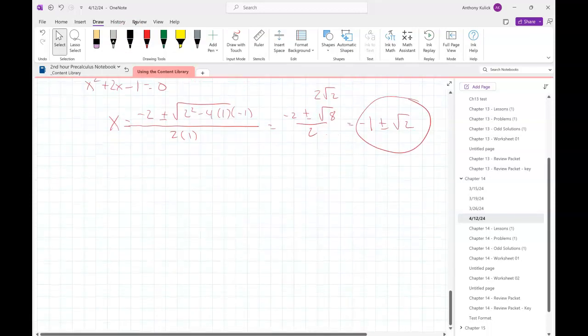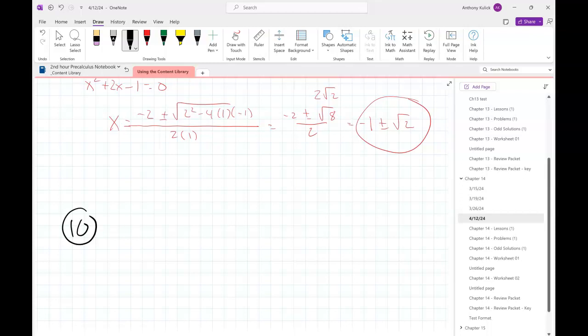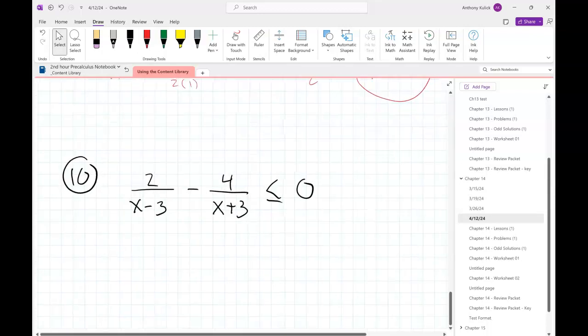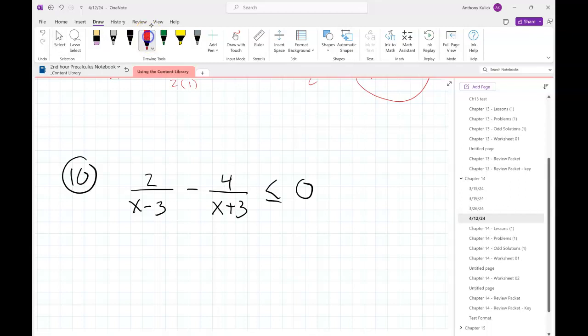And then the last one would be like an inequality one, right? So what if I have... not yet. So first thing I want to do is turn it into an equation.